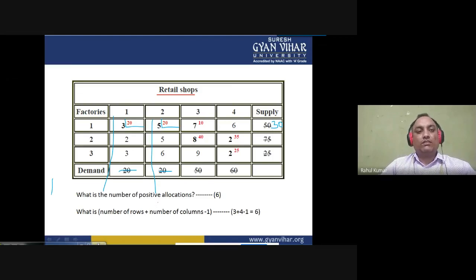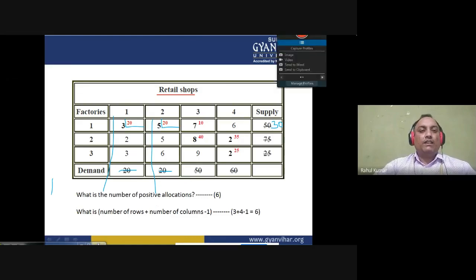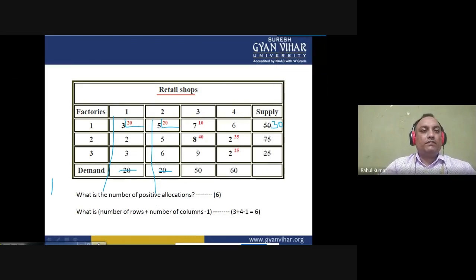Then if I subtract 20 from 30, only 10 is left. In this allocated row, only supply 10 is present here.